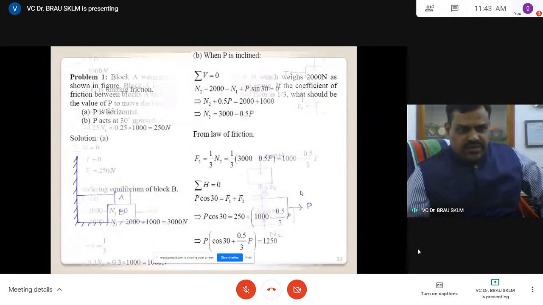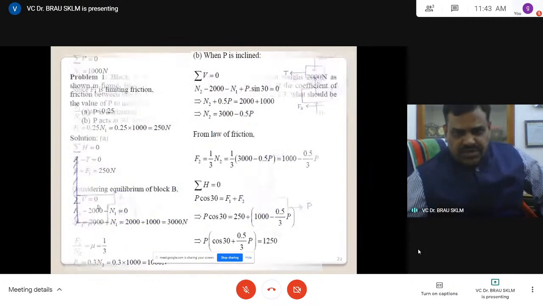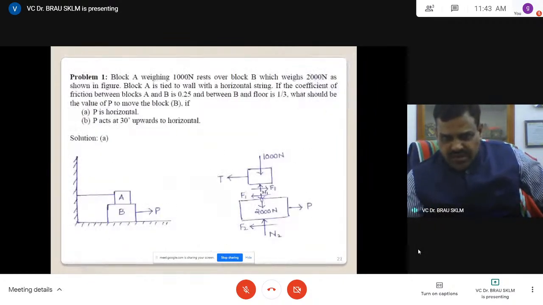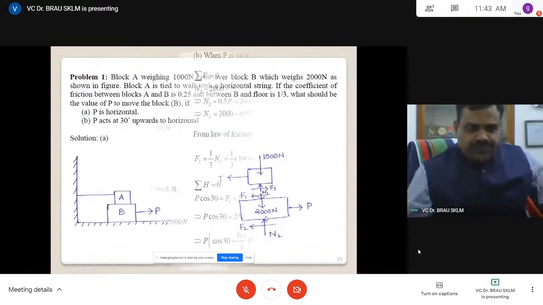Here, these are the vertical forces. Vertical forces are N1, N2, and weight. N1 and weight are acting in the same direction, N2 is acting in the opposite. That's why N1 plus 2000 is equal to N2.